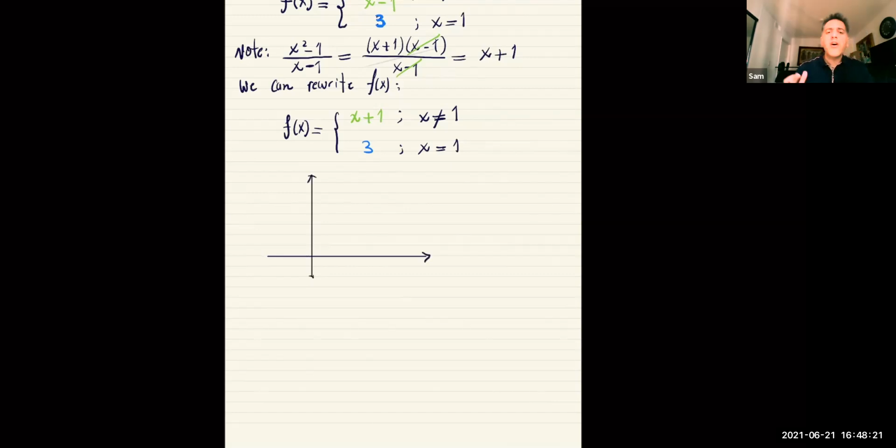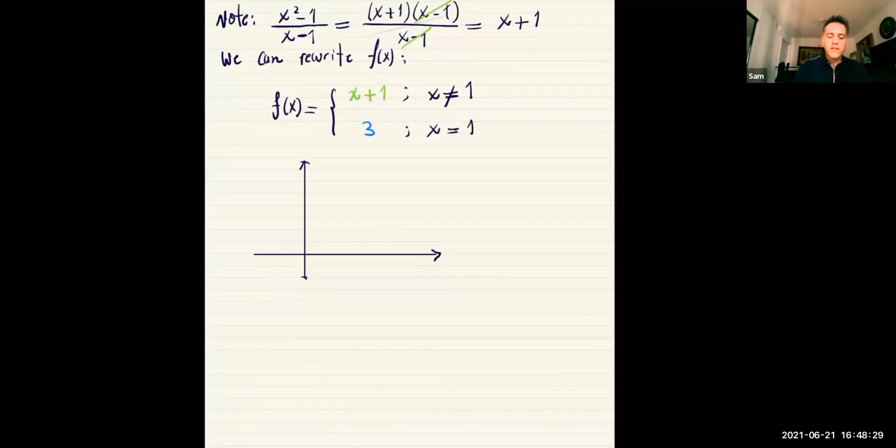To draw the line, you can use the slope and intercept, or pick points, whatever you want. For instance, if I put 0 into this piece, the value of y is 1. So at 0 it's a 1.